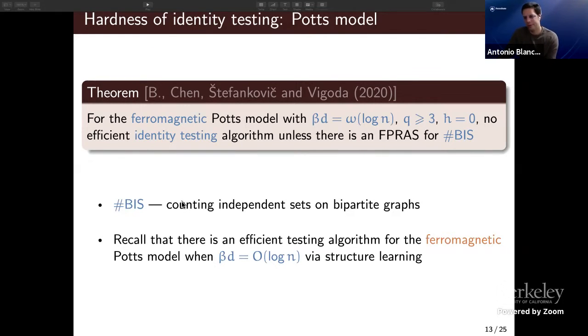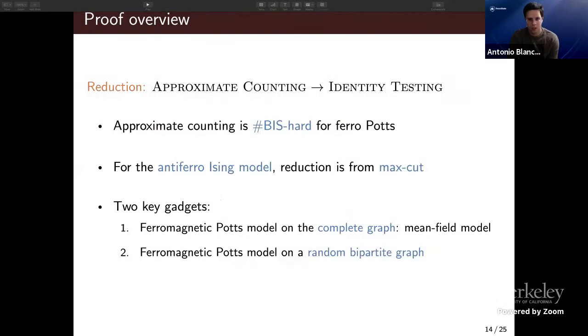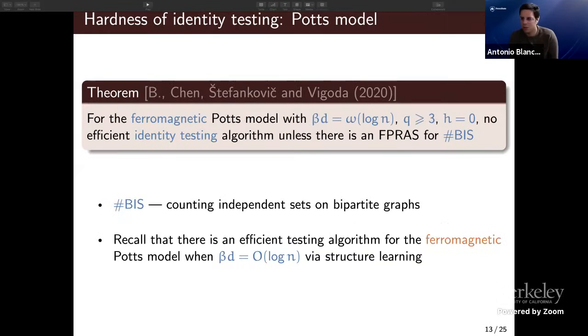And also, this is somewhat tight, because when beta D is order log n, the structural learning algorithm kicks in and we can solve this problem via structural learning.